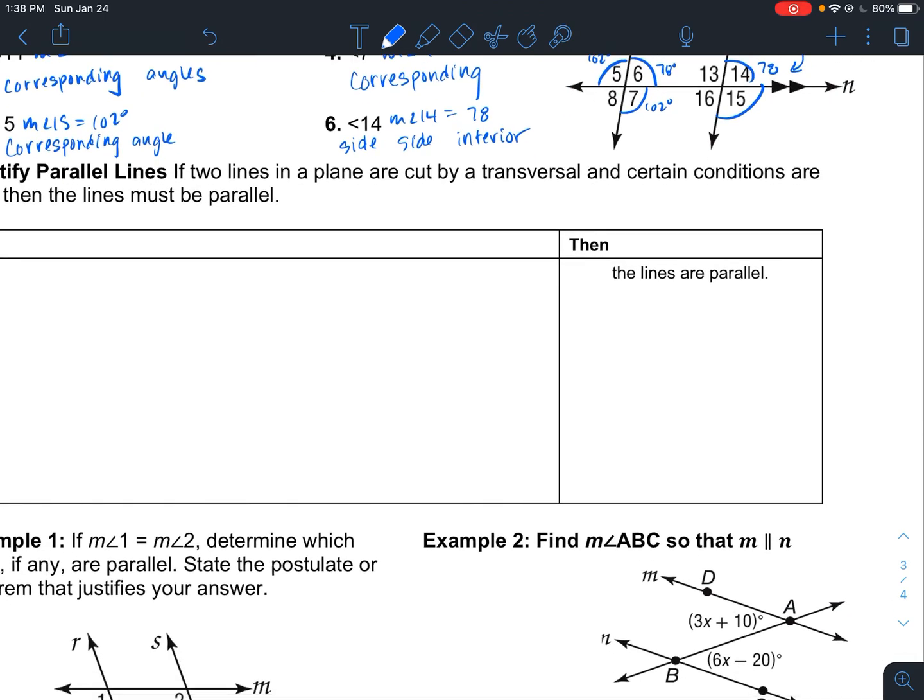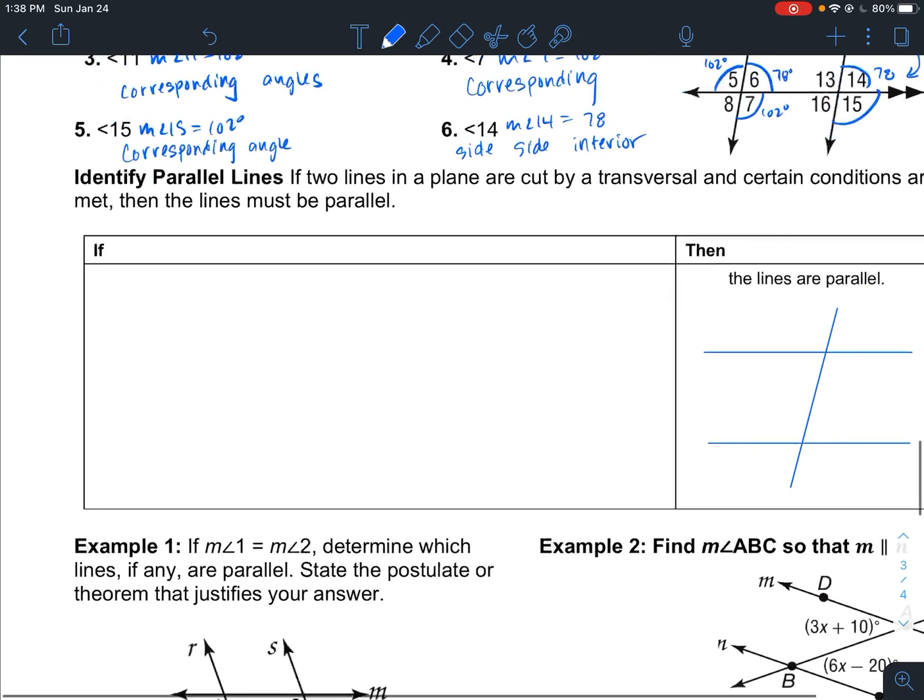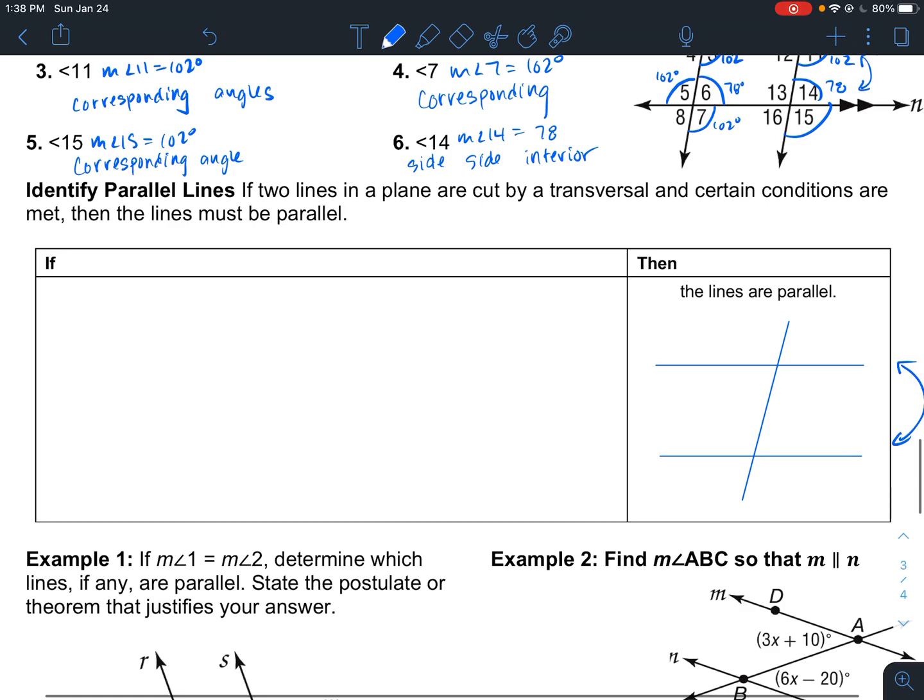So let's say we had two lines, and we don't know that these lines are parallel, but we do know that they're cut by a transversal. Are these two lines parallel? Let's say that we know what the angles are, but we don't know whether or not the lines are parallel. If conditions are met, then these lines are parallel.